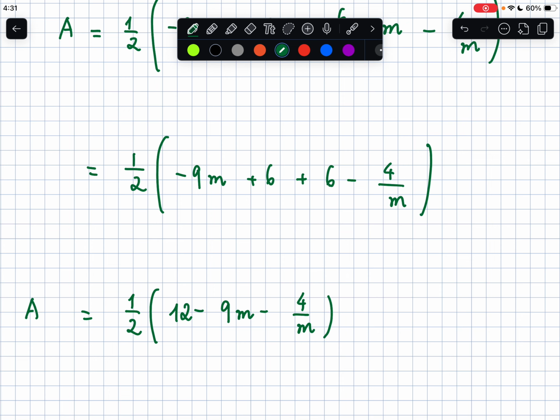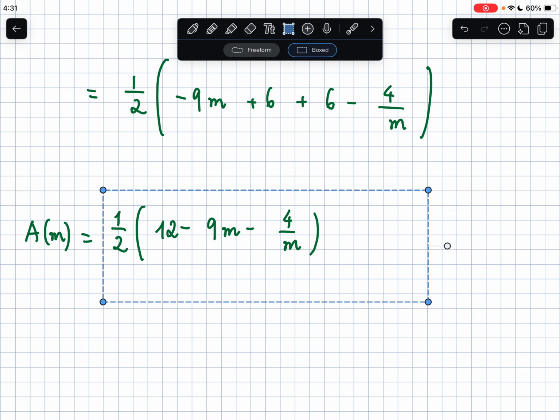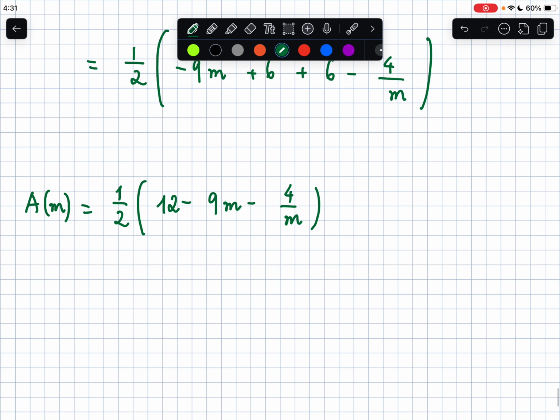This is our area function in terms of the variable m, for m negative.